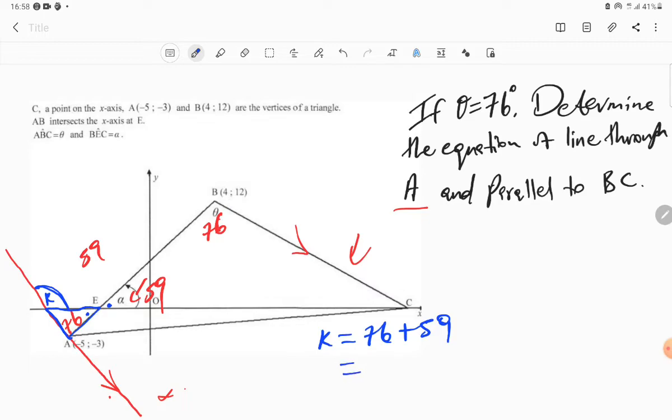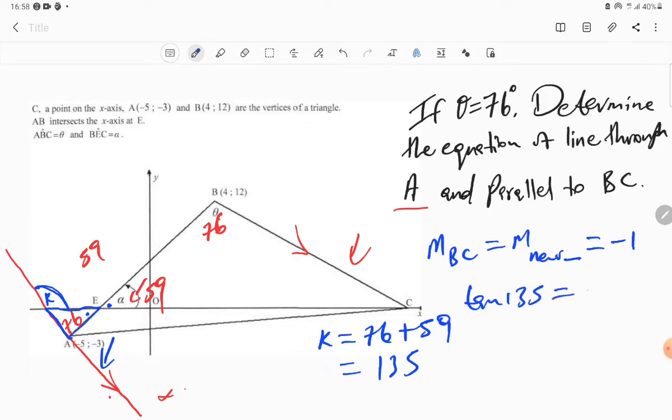So K is equal to 76 plus 59, which gives you 135. So you can see now that tan 135 is -1. So the gradient of this line is actually -1. So the gradient of BC is equal to the gradient of this new line, and they are both equal to -1, because tan 135 is equal to the gradient.